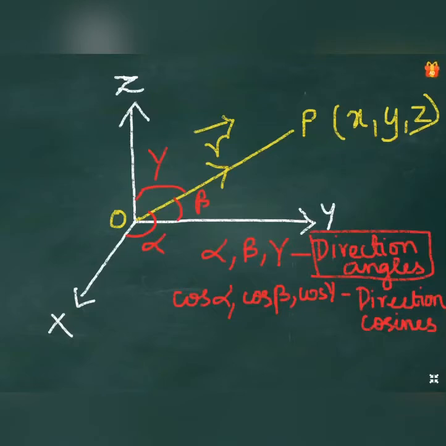If we take the cosines of these angles, that is cos alpha, cos beta, cos gamma, they are called the direction cosines. They can also be written as l, m, n respectively.